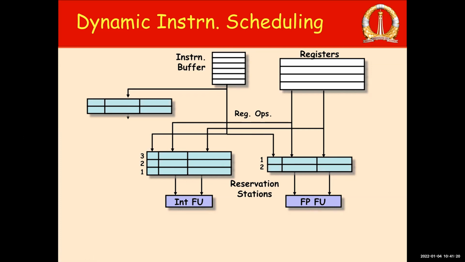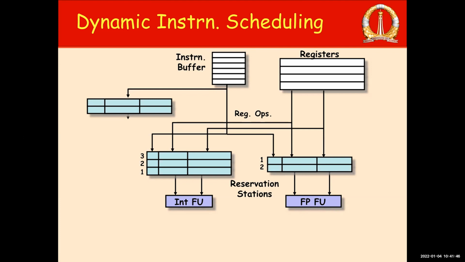For example, let us say the subtract and multiply instructions that we talked about in the previous examples were dispatched one by one in program order to, let us say, these two reservation stations. And let's say the subtract instruction is waiting for an operand to become available because it's waiting for the divide operation to complete and give one of its operands, therefore it will still be waiting.